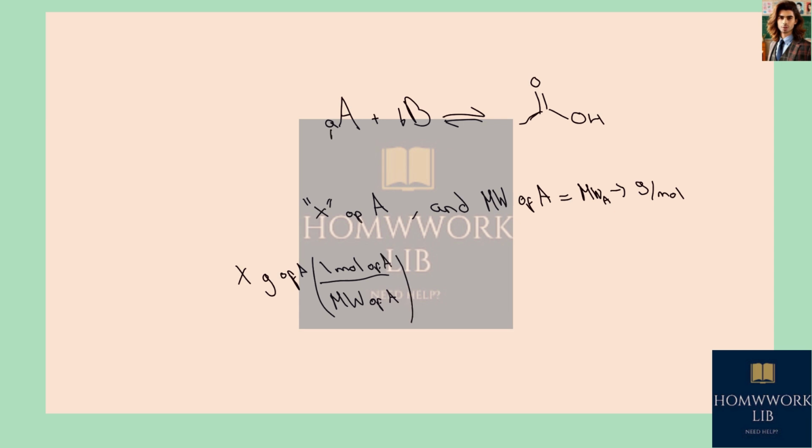In this case, this tells us that A moles of A react to produce 1 mole of acetic acid. So A moles of A is equivalent to 1 mole of acetic acid.